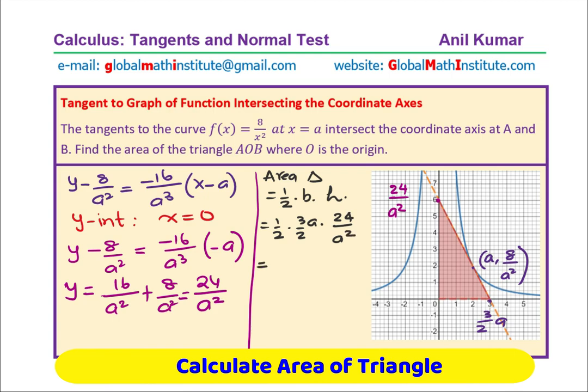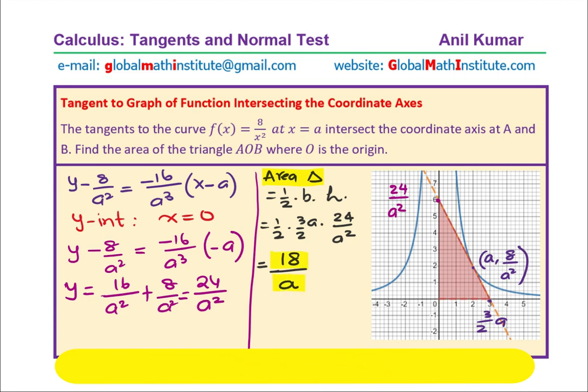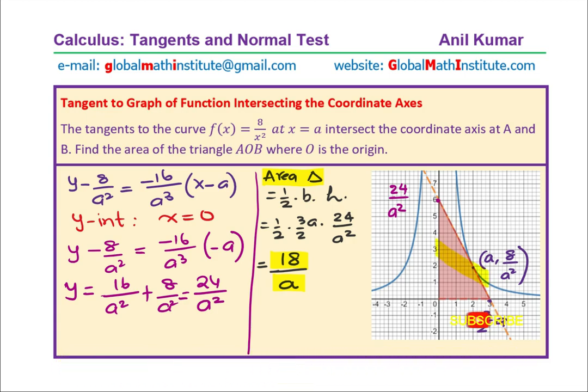So we can simplify this. 2 times 2 is 4, which goes 6 times, and 6 times 3 is 18 over a. You get the idea. So the general expression for the area of this particular triangle is going to be 18 over a. Perfect. So for different values of a, if you make a tangent line going like this, we get different values of the area. And you can substitute and get the answer, right?